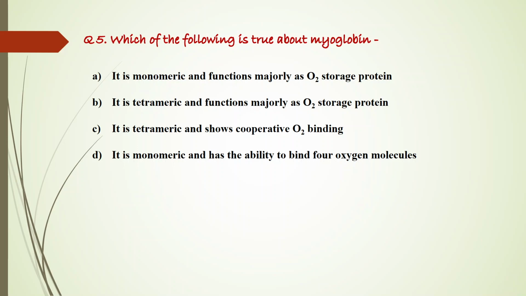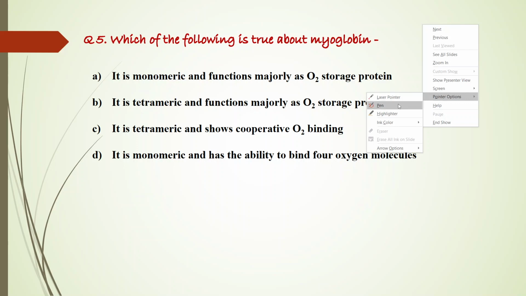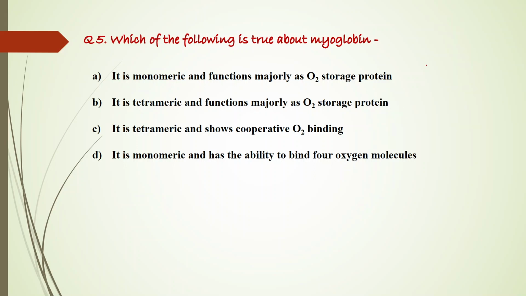So the fifth question states: which of the following is true about myoglobin? First of all, we know that there are two proteins involved in any interaction with oxygen: one is hemoglobin and one is myoglobin.